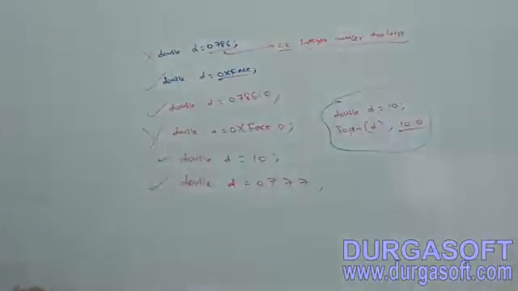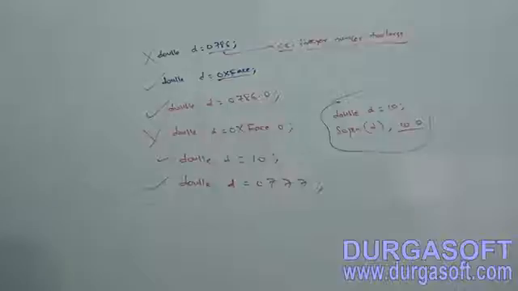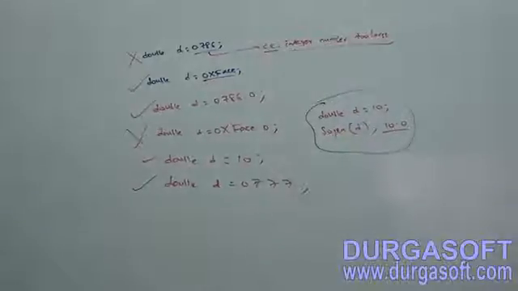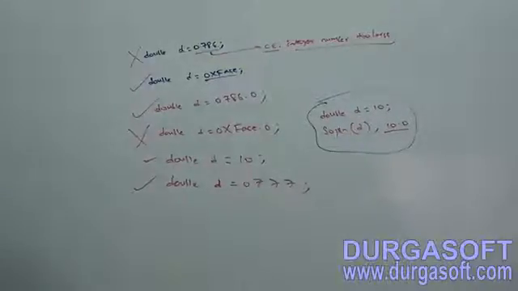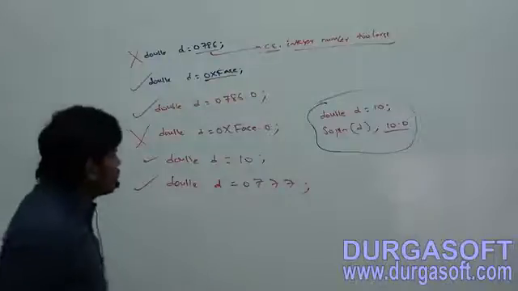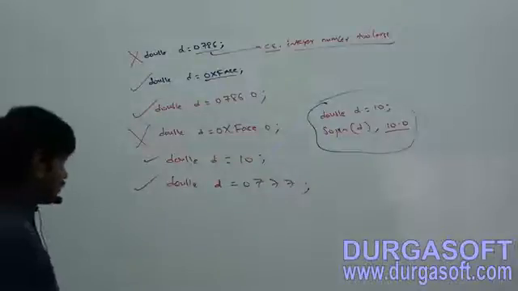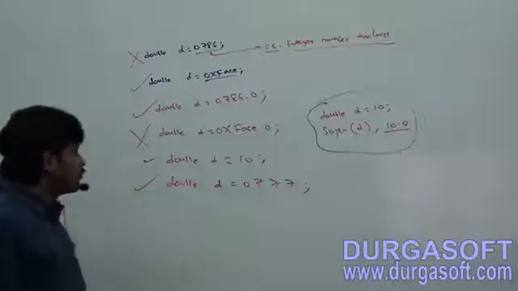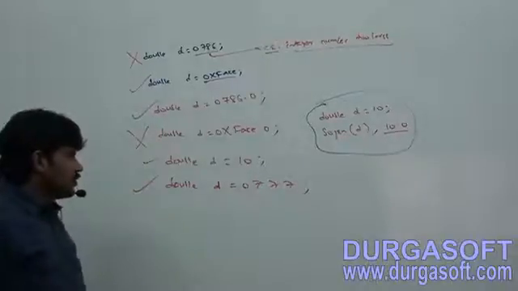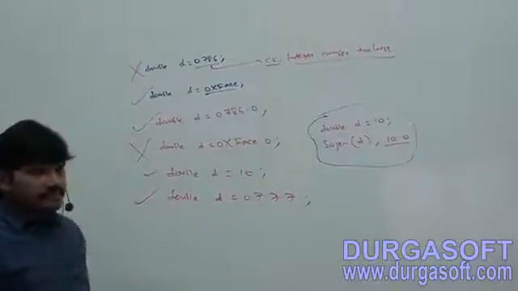Take all. Double D is equal to 0786. Double D is equal to 0xFACE. Double D is equal to 0786.0. Next 0xFACE.0. Next double D is equal to 10.